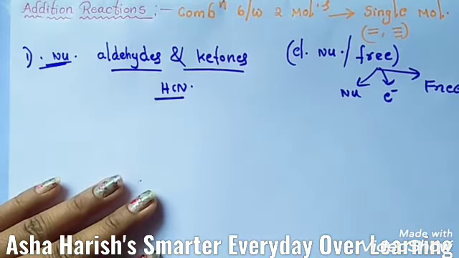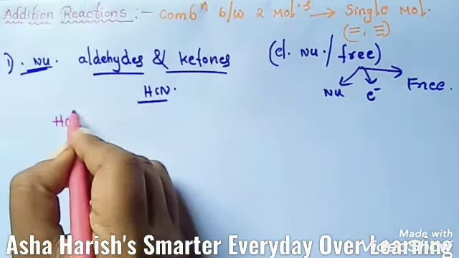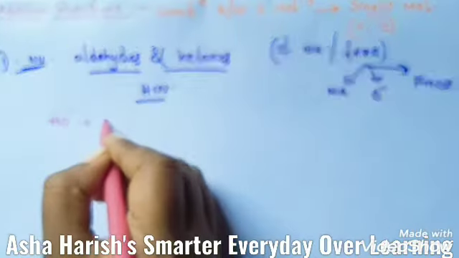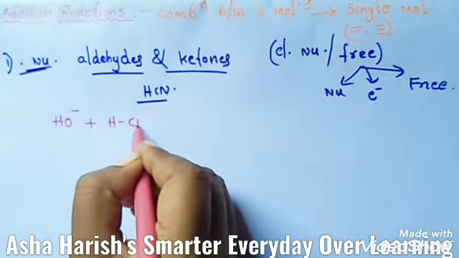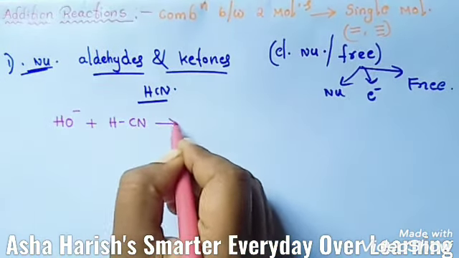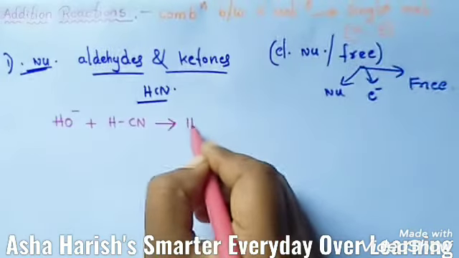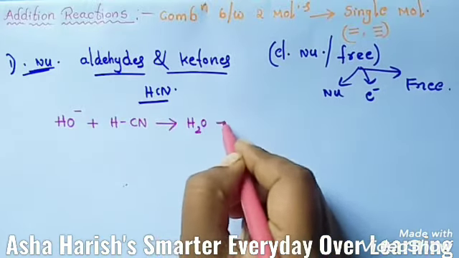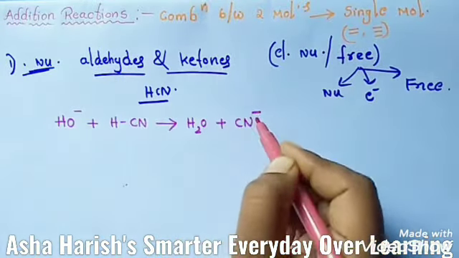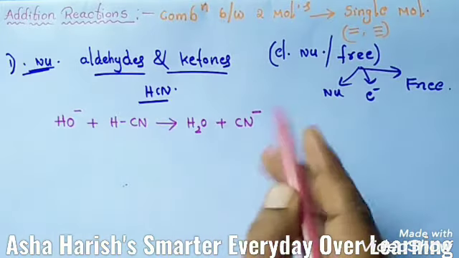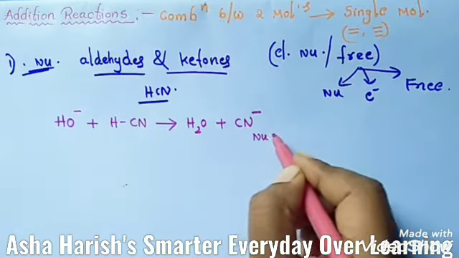Now let's see that. OH minus plus HCN. Then students, what are the products? Here H2O with CN minus. Here this CN minus is acting as nucleophile.